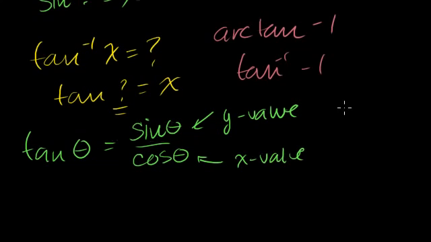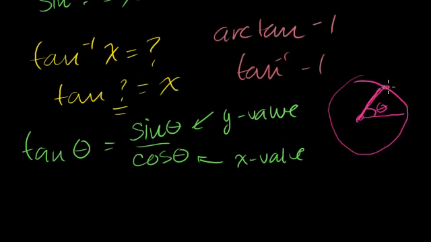So if I have a unit circle like that, and let's say I'm at some angle theta, and this is my coordinate, x, y.